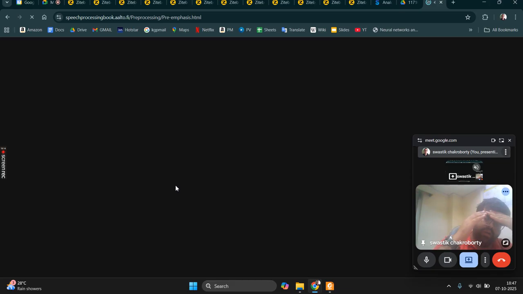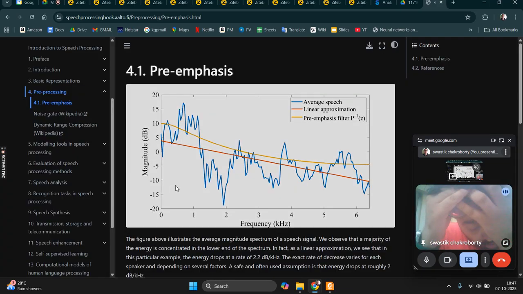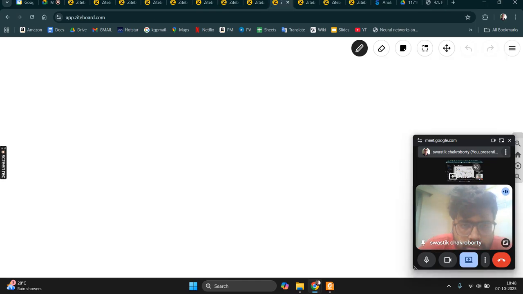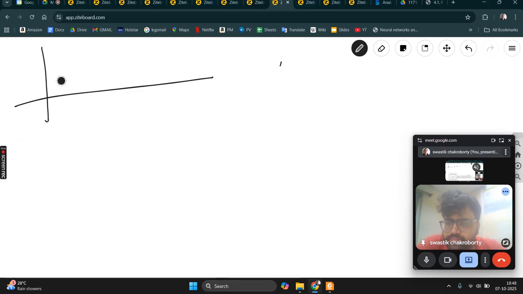Now, when you expect strong presence of noise in a particular band, the concept of pre-emphasis is that you will add extra signal power in that particular zone so that the effect of the noise power is throughout constant. So instead of sending something, say we are having a signal like this.